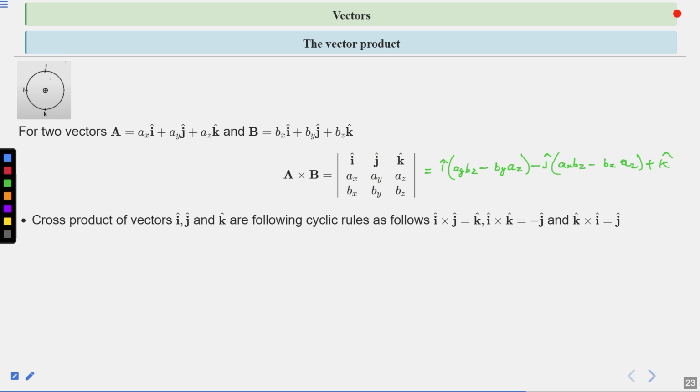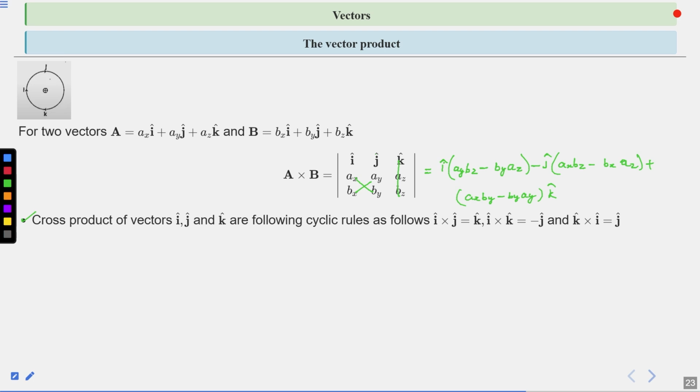So now neglect the K cap and multiply AX, BY and BX, AY. So you will get AX, BY minus BX, AY and K cap. Yes or no? So solve this as a matrix. So you will get the cross product of two vectors.